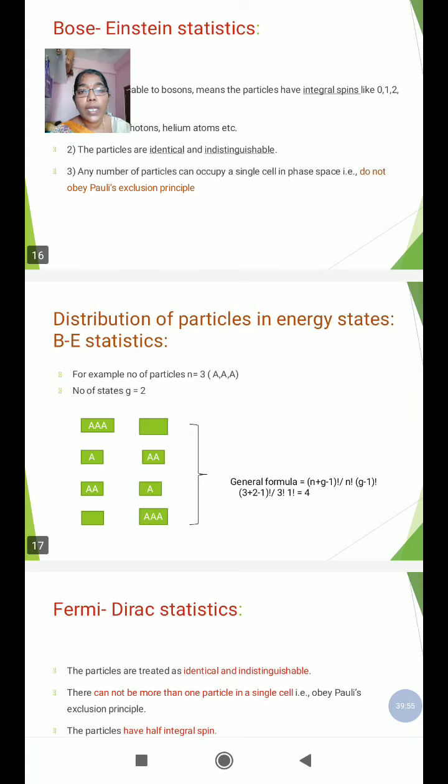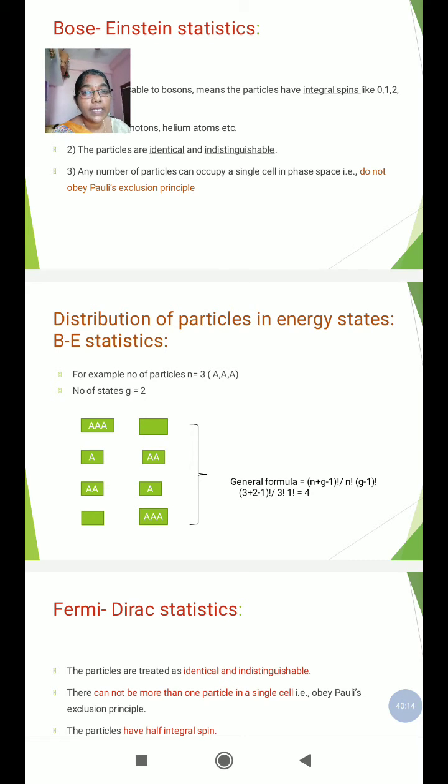Okay, so let us see how the particles are distributed in the energy states. I am taking, for example, 3 particles here. All particles are identical and indistinguishable.